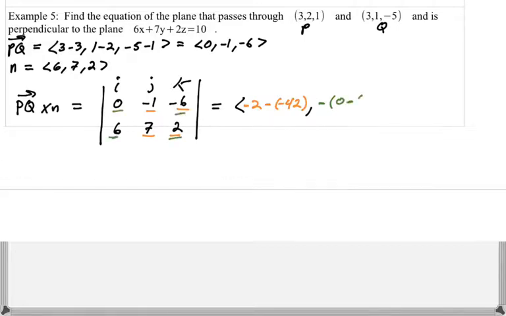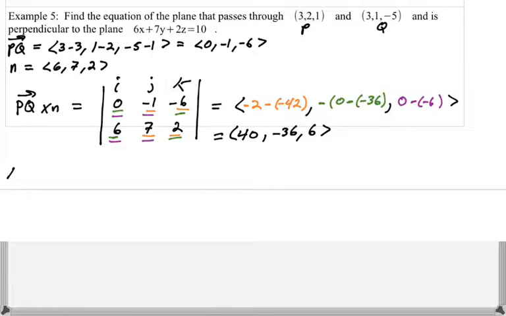Minus 6 times -6, which would be -36. And then the k component, 0 times 7 is 0, minus 6 times -1, which would be minus a -6. So that's going to simplify down to -40, -36, and 6.